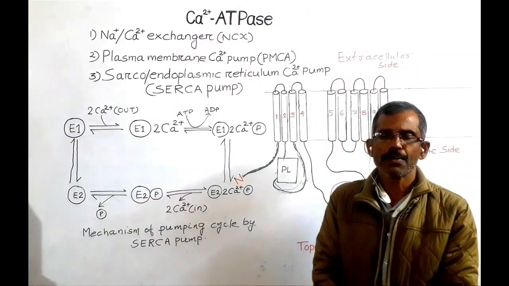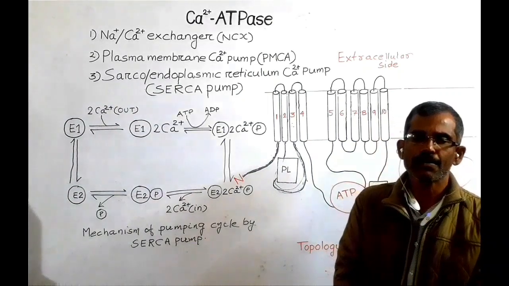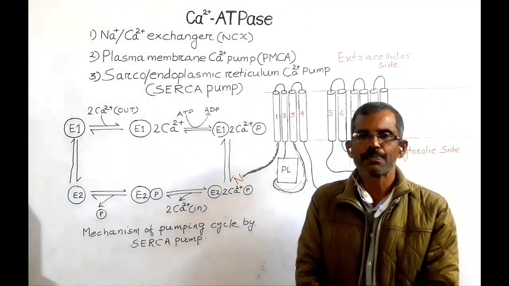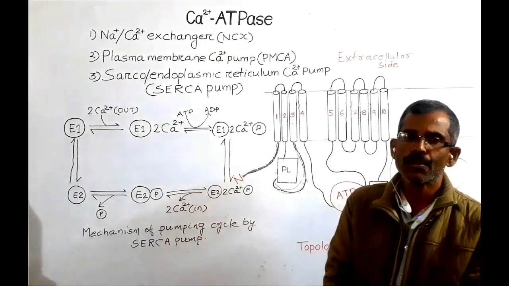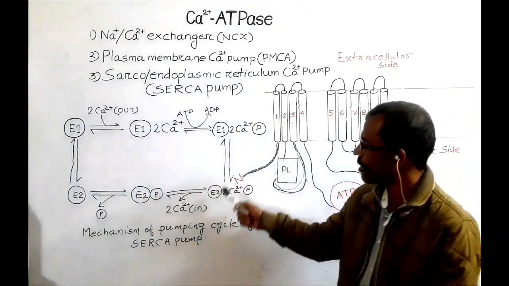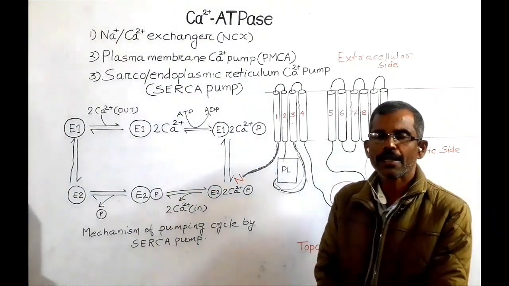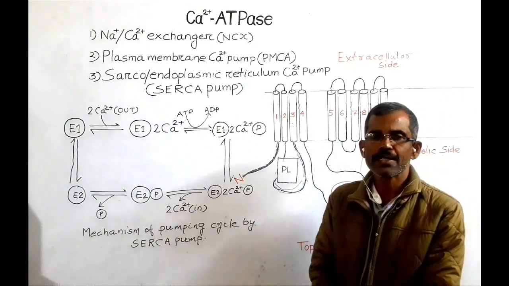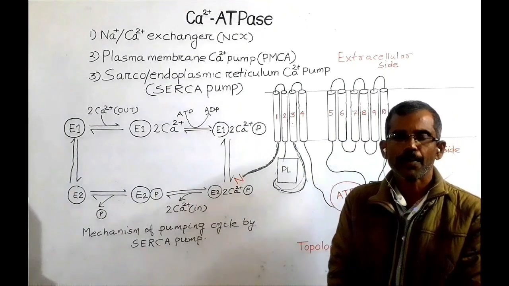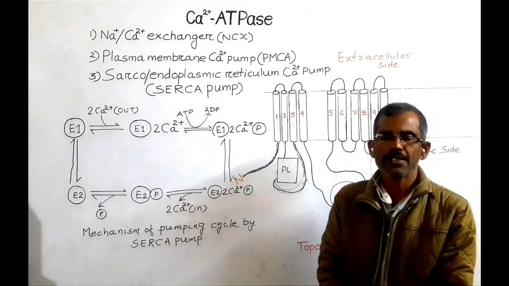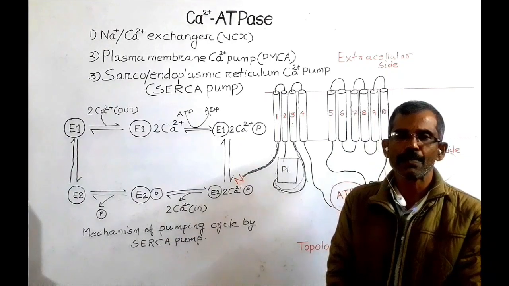The calcium ATPase actively pumps 2 calcium ions out of the cytosol at the expense of ATP while counter-transporting 2 or 3 protons. This figure explains the mechanism of the pumping cycle by the calcium ATPase, which is present in the membrane of sarcoplasmic reticulum. The mechanism of action of calcium ATPase closely resembles that of Na plus K plus ATPase.